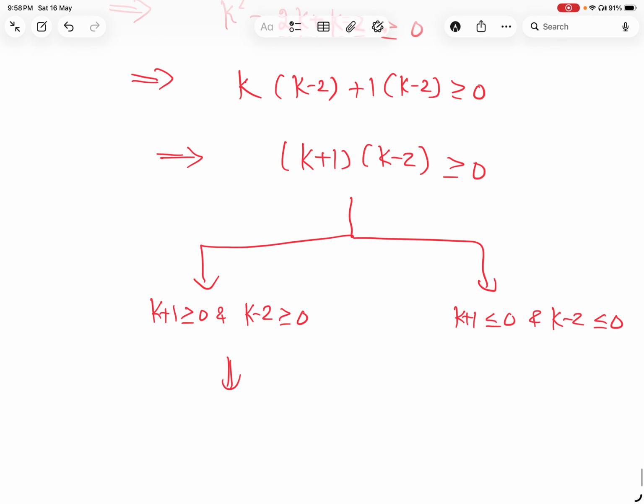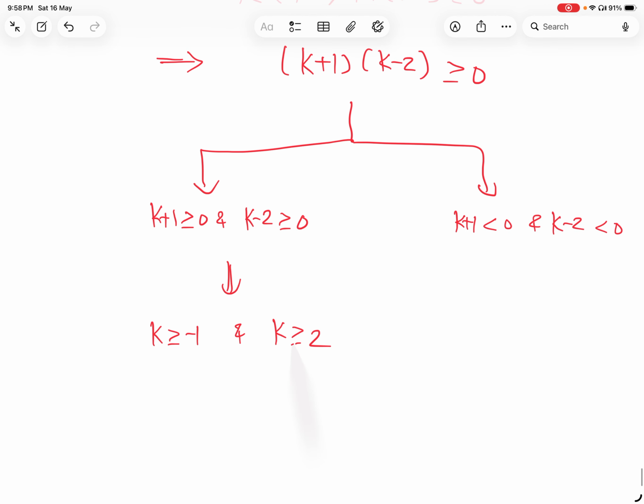So from here, k is greater than minus 1, and k is greater than 2.